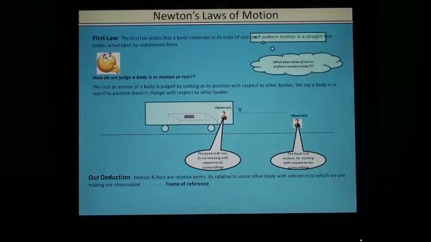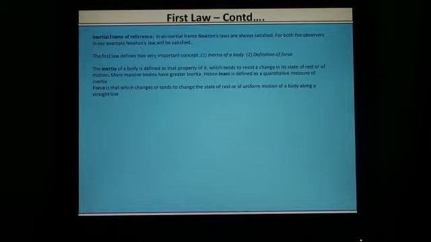So as long as these reference frames are non-accelerating or moving with a constant velocity, these are called inertial frames of reference. That's what is given in the next slide. So inertial frame of reference, now you understood.